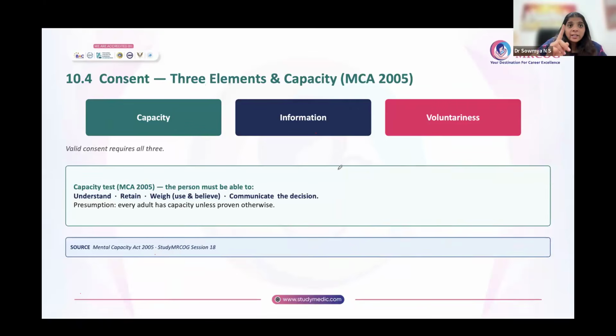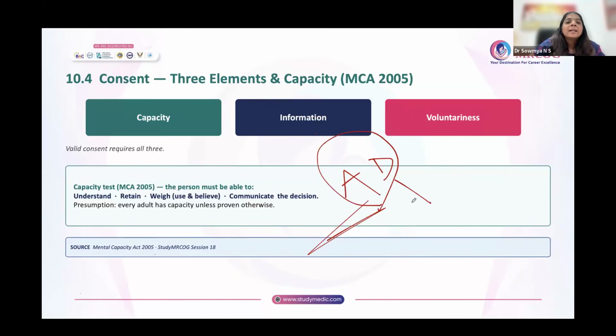What I was trying to tell about advance directive or advance decision was, if anybody has given their decisions way before they have lost their capacity, that would stand, irrespective of whatever anyone says later on. So basically, for people who don't have mental capacity, you first see whether an advance directive is there.